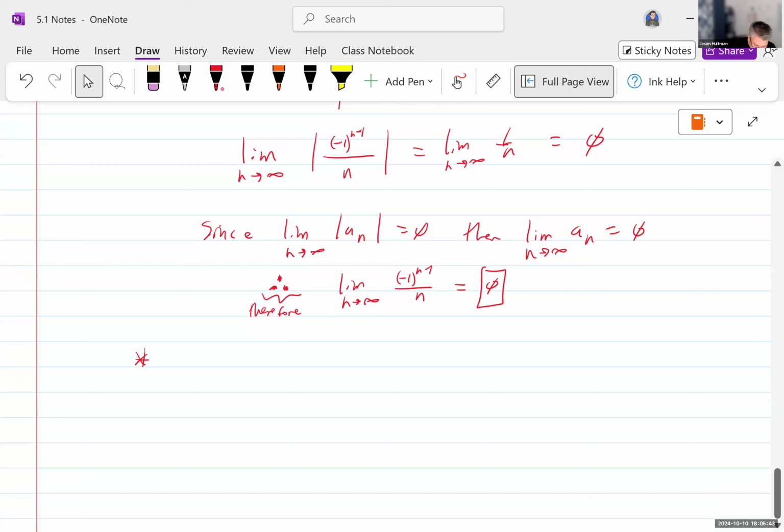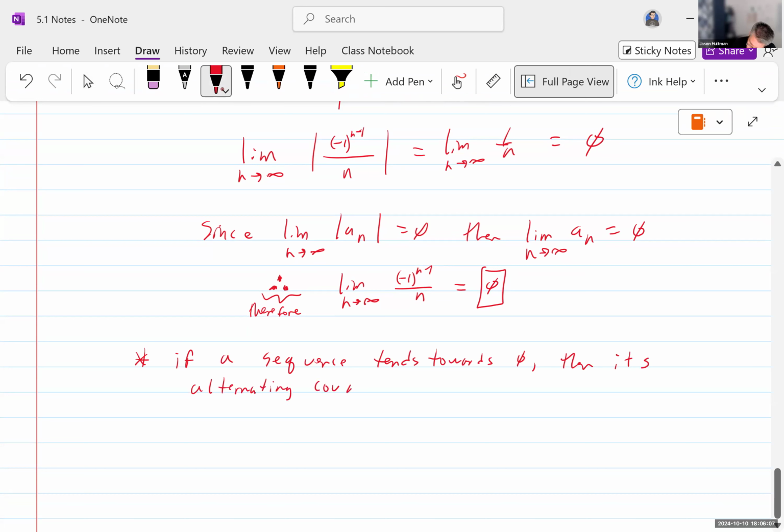Okay, what does this tell us? This tells us that if a sequence tends towards 0, then its alternating counterpart also tends towards 0.